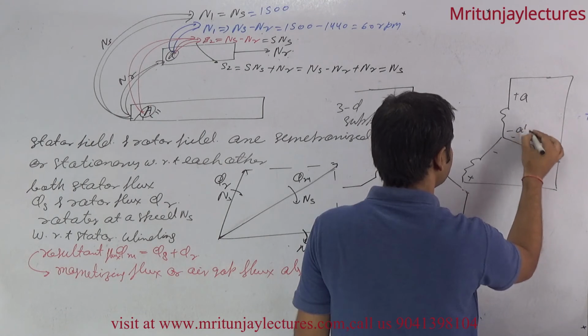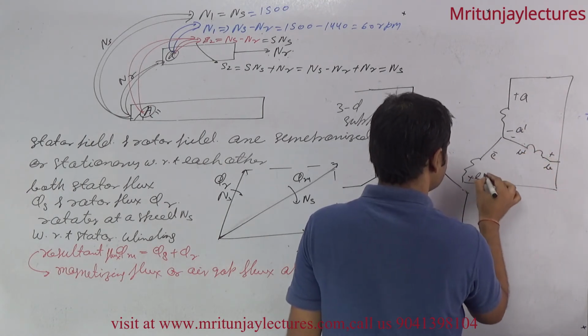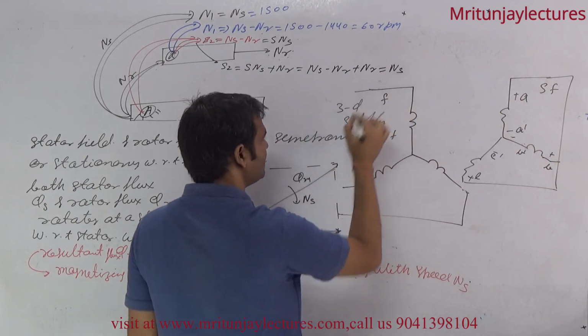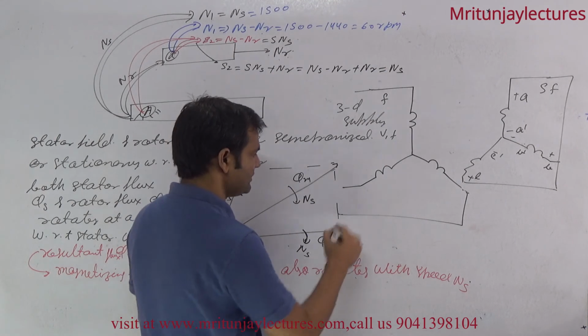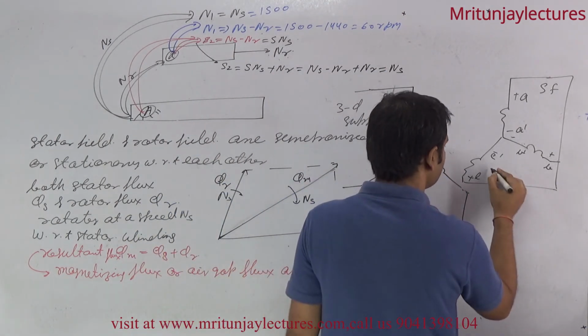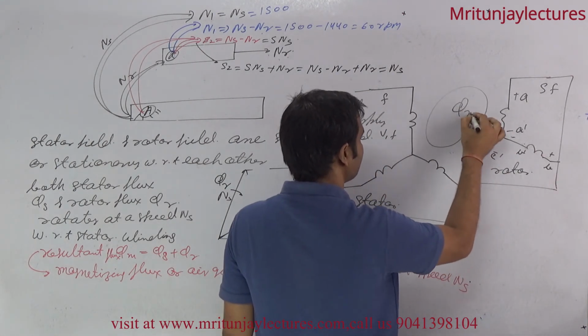A dash, B dash, C dash. Rotor frequency and stator frequency like this. This is the stator winding representation, that is the rotor. Magnetizing flux, that is phi m. Clear?